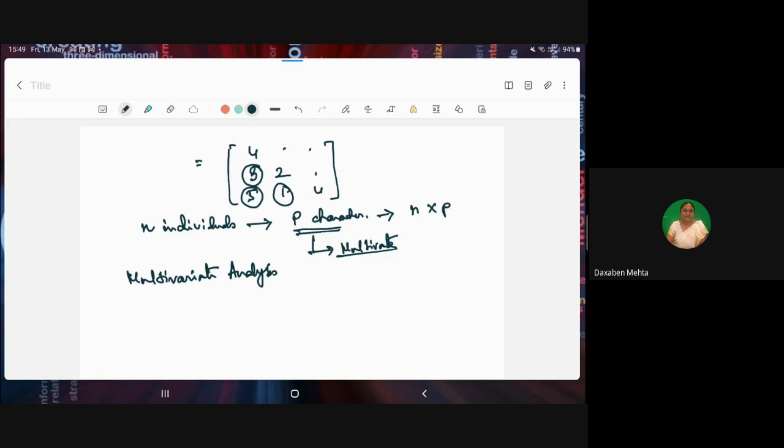But if you do not make sure which one is dependent and which one is independent, then you go to factor, cluster, non-metric multiple discriminant and correspondence analysis, latent structure, like this.